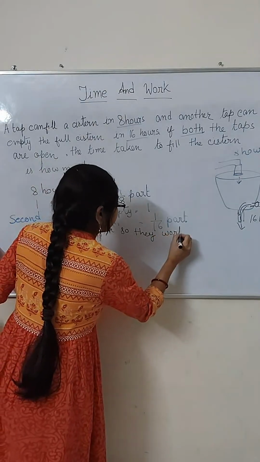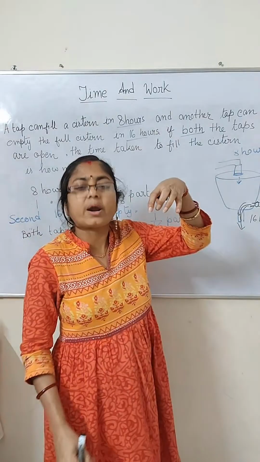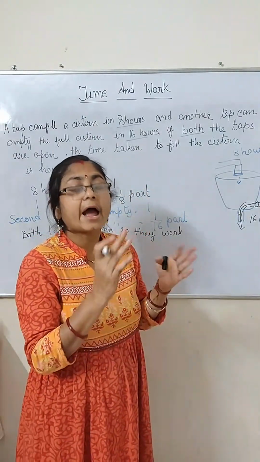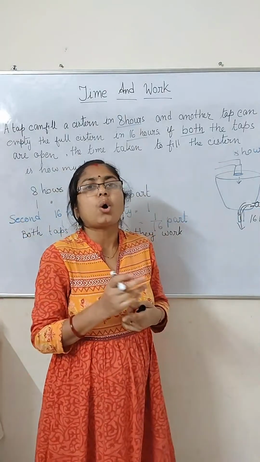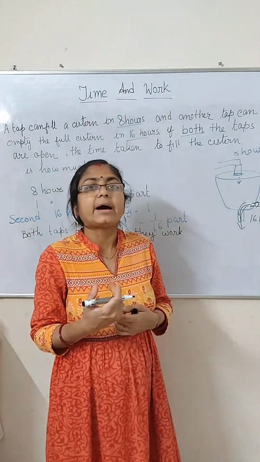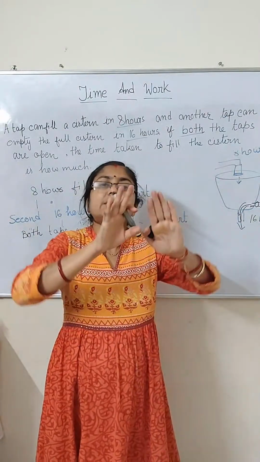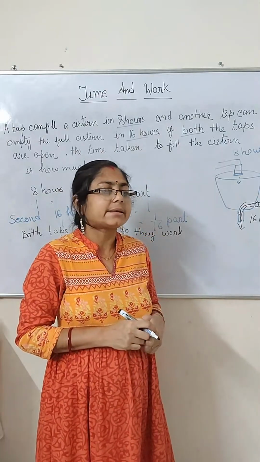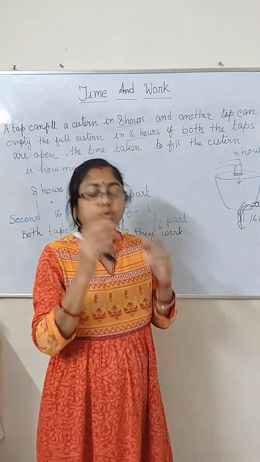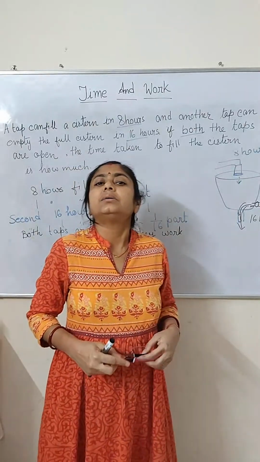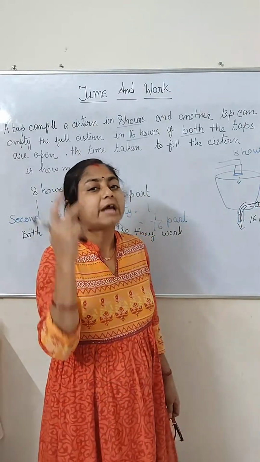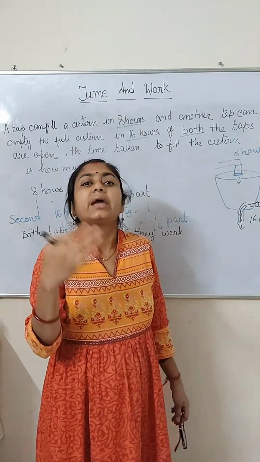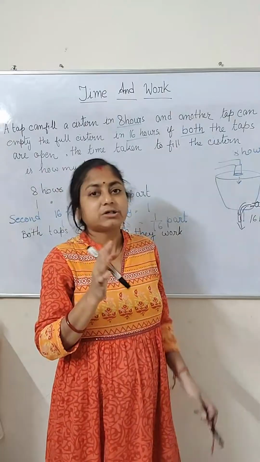ये क्या चीज है? एक में इन हो रहा है, एक से आउट हो रहा है. In that case, their actions are opposite. So when they work together, they do not add, they subtract. I tell it one more time. In that case, two taps work at a time, but the two taps' functions are opposite. One fills, another one empties. Means function is opposite.